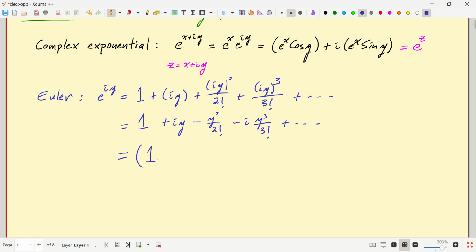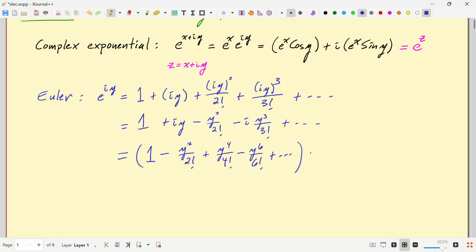You pull out the stuff without i, and you get the familiar power series, ending in minus y to the 6 over 6 factorial. That's the familiar power series for the cosine of y.